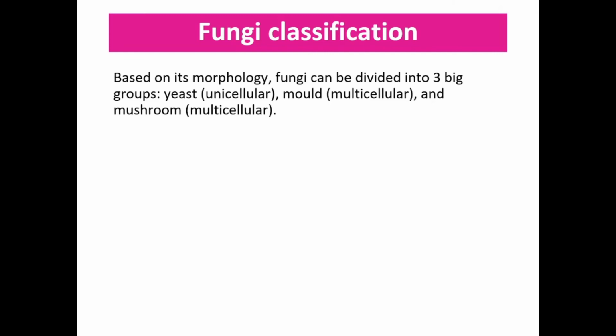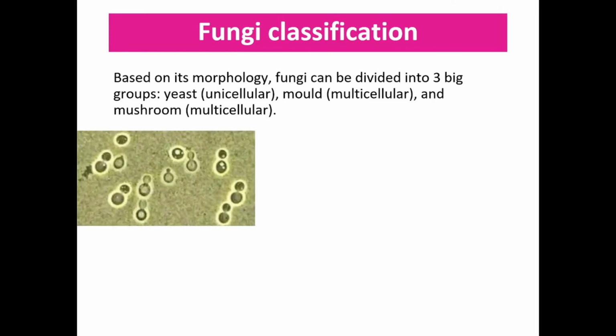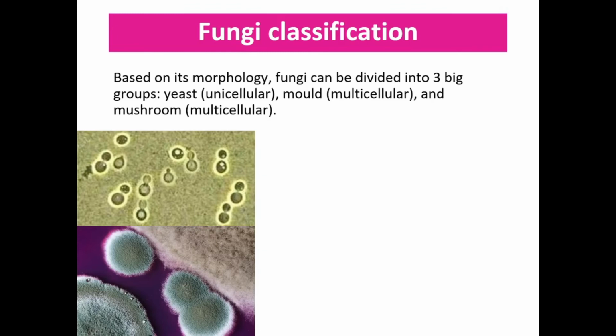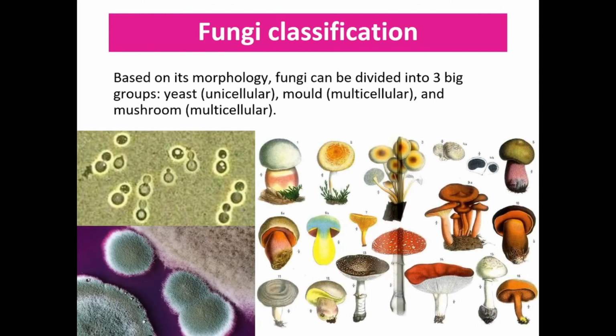And the third group is mushroom, which also consists of multicellular organisms. This first picture shows us the yeast, the unicellular fungi. Next is the mold. And last is the mushroom, the most widely known shape of fungi.